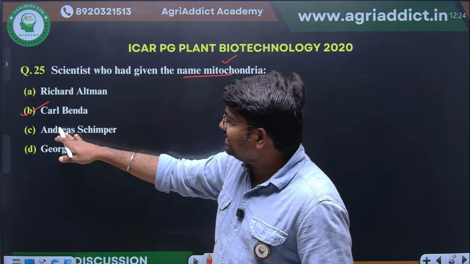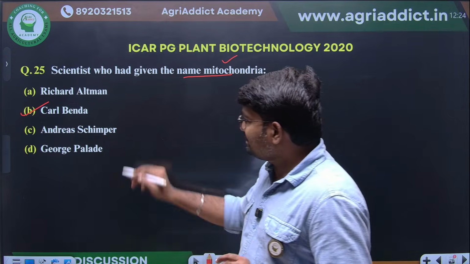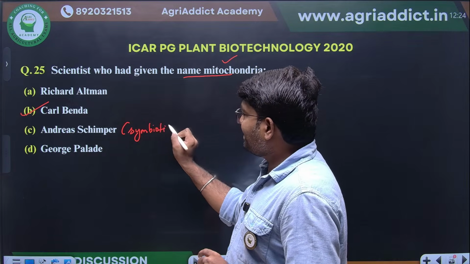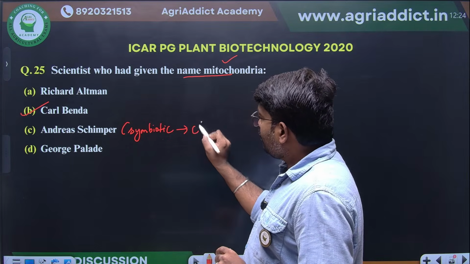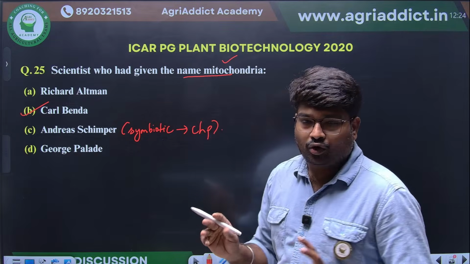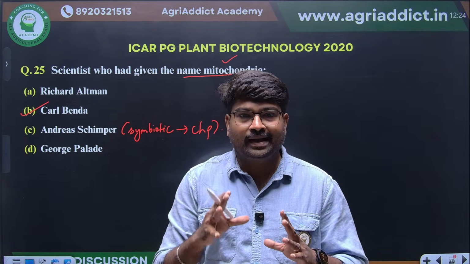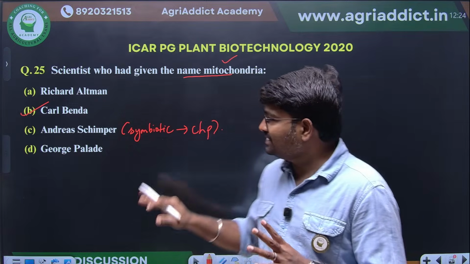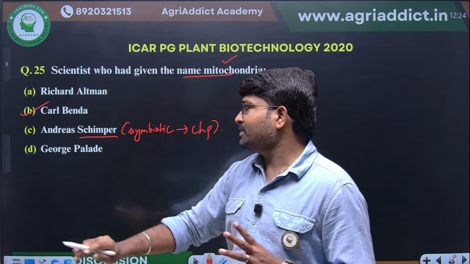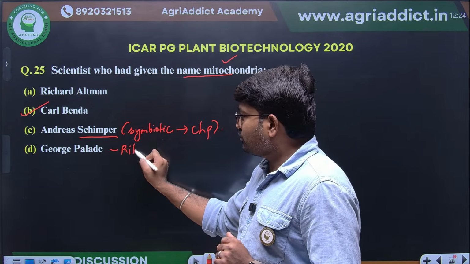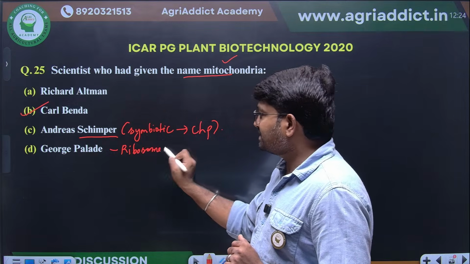Then what did Andreas Schimper do? We know the endosymbiotic theory for chloroplast: the chloroplast of plants has evolved due to endosymbiosis. This theory was given by Schimper. George Palade, what did he discover? Ribosomes. The name was given by George Palade.